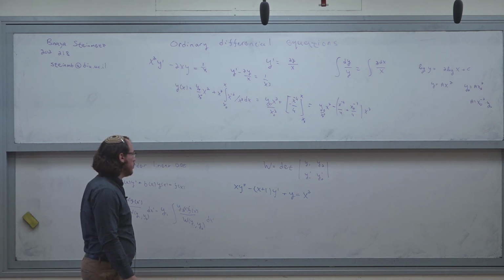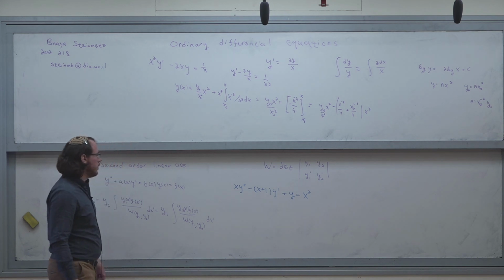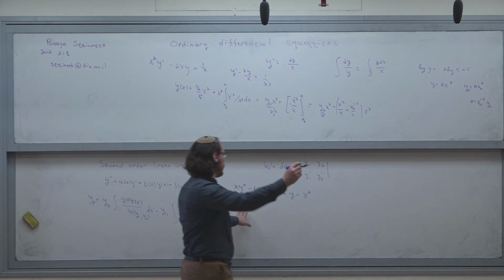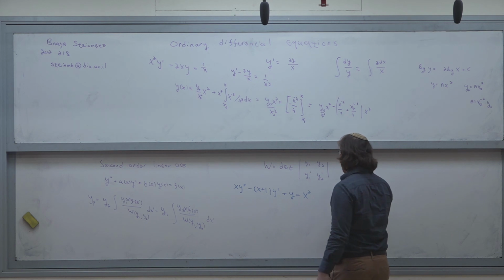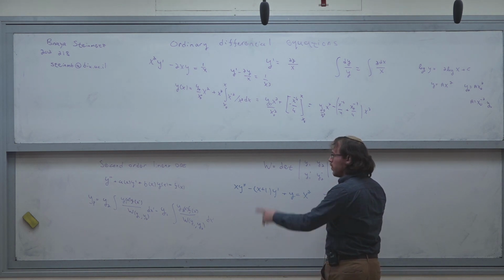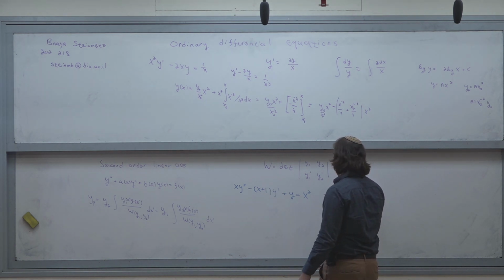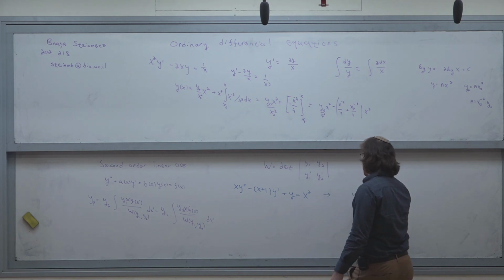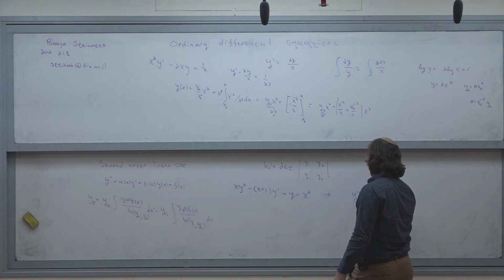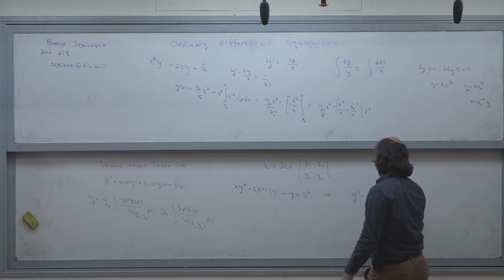But okay, first of all I would transform it to our normalized convention, which will be y double prime minus x plus 1 over x y prime.